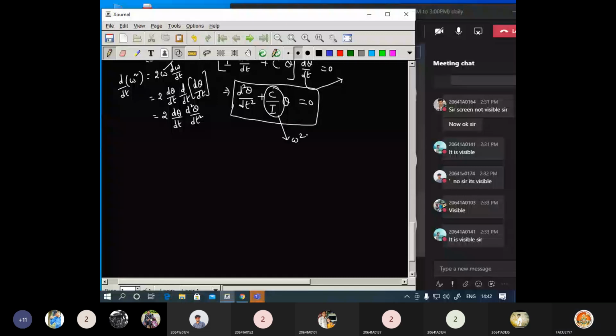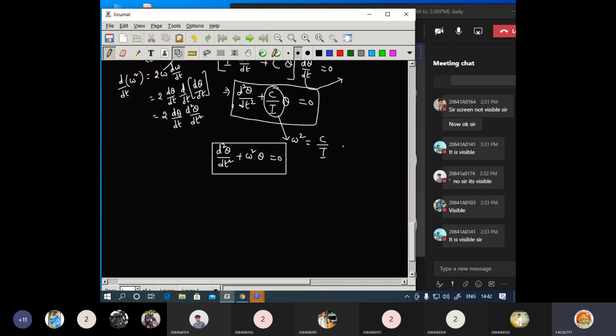So I am writing the expression as d²θ/dt² plus ω²θ equal to 0. So this is a differential equation of second order, where we had considered ω² equals c by I. Nothing but ω can be given as root of c by I.